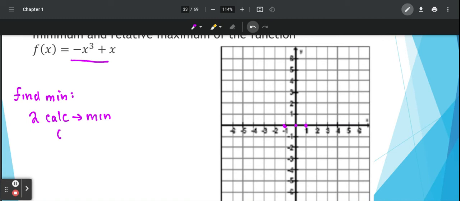It guesses that your minimum is negative 0.577, negative 0.385. And then you would graph a point on your graph about there.